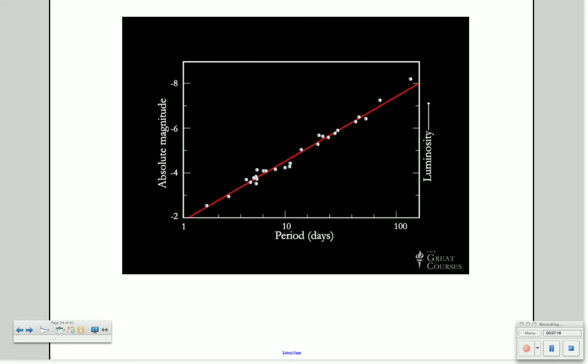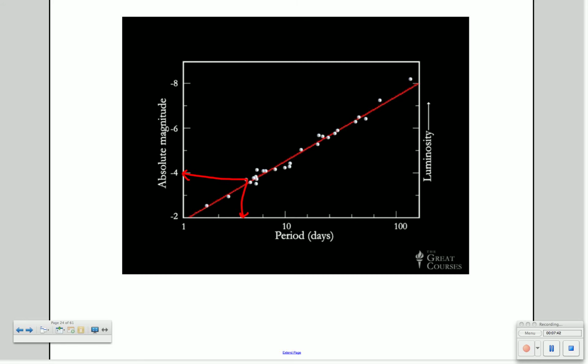If we look at these stars where the luminosity is varying, we can see that the period of the stars tells us their absolute luminosity. So if we look, for example, and find the period to be approximately 5 or so, we can see that the absolute luminosity is a little bit under 4.